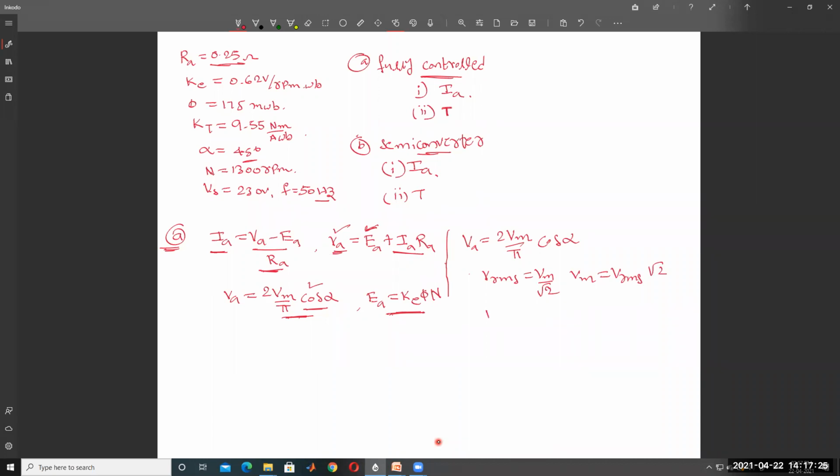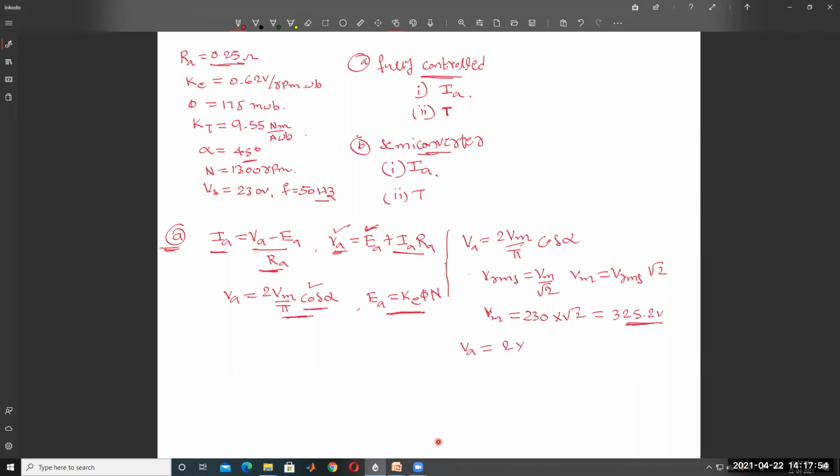Vrms is 230 volts, the supply voltage, which is the RMS value. So 230 into root 2 is approximately 325.2 volts. This is Vm.